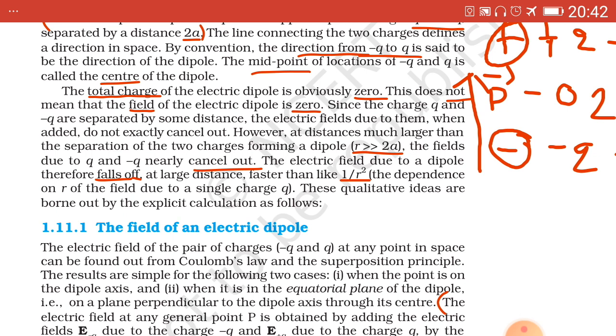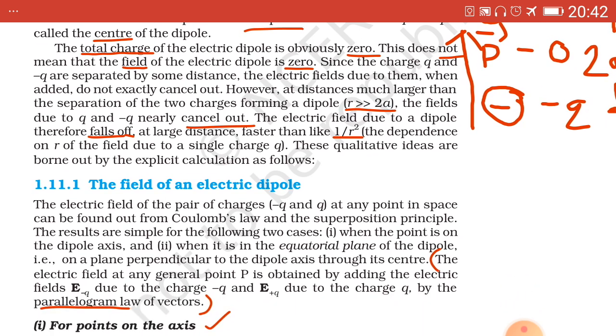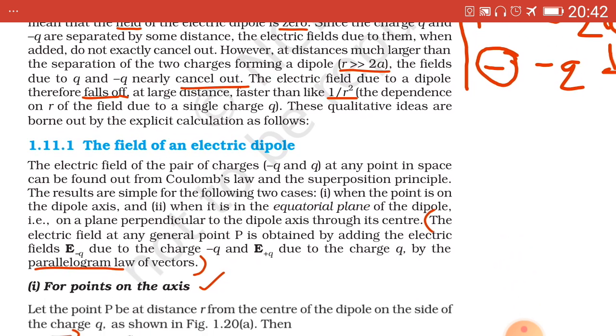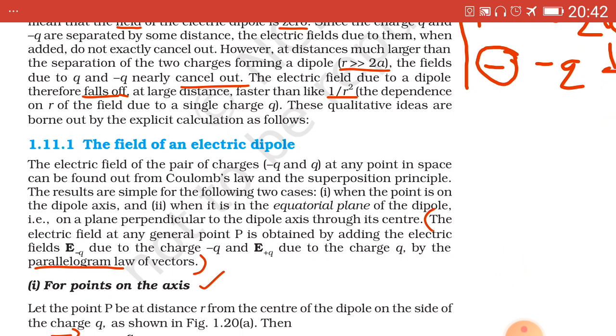Now next point, the field of an electric dipole. The electric field at any point P is obtained by adding the electric fields E minus Q due to charge minus Q and E plus Q due to charge plus Q by the parallelogram law of vectors, parallelogram law.